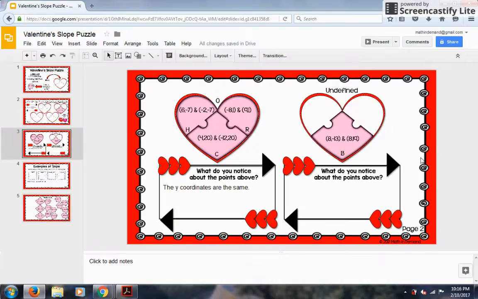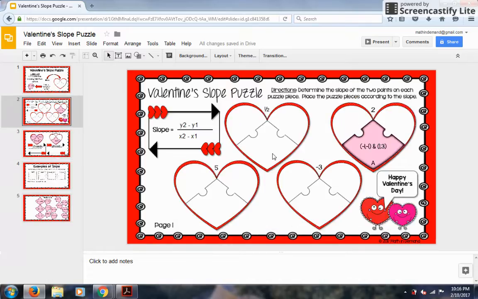So that way students are learning that if I'm given 2 points, I can automatically tell if I have a slope that is undefined, if my x coordinates are the same, or I would have a 0 slope if my y coordinates are the same. And if neither of them are the same, then they know that I'm going to have a constant as my slope.